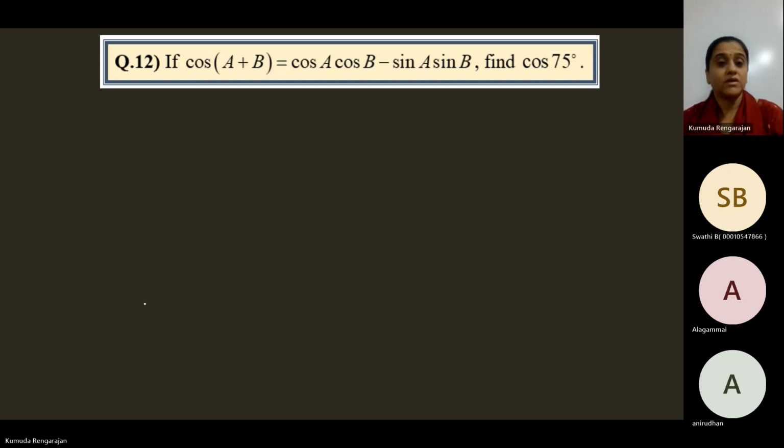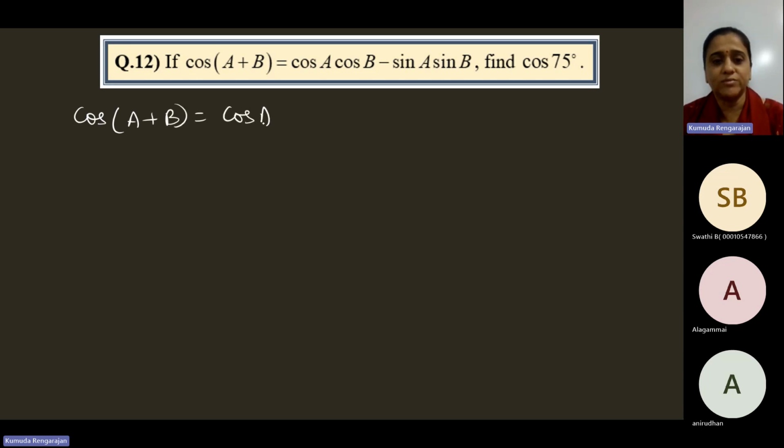So children, we are given a formula here. Cos of A plus B is equal to cos A cos B minus sin A sin B. This is a formula, like A plus B the whole square is equal to A square plus 2AB plus B square.